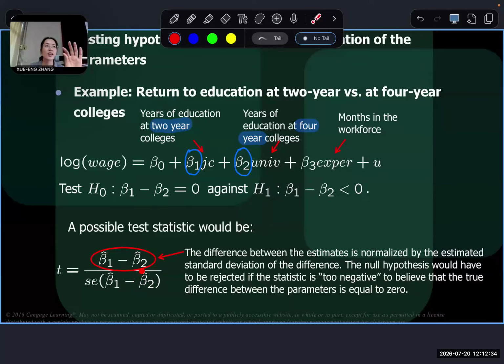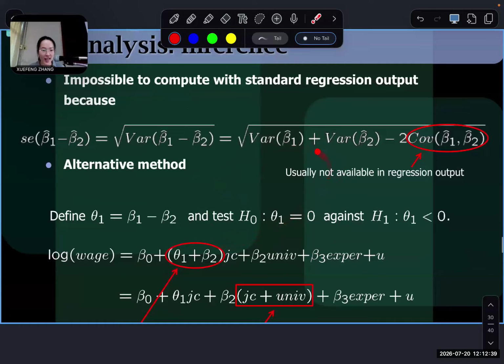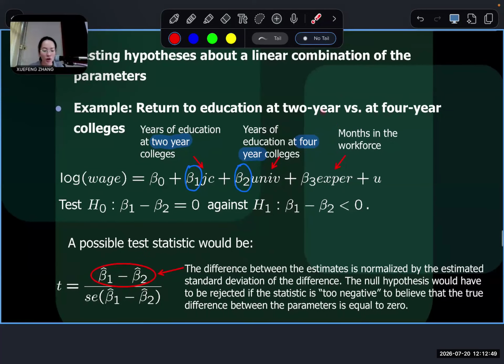We need to know their covariance, which I'll show you in this slide, but I'm not going to cover it today. I just want to let you know about this t-ratio, how we compute the t statistic if our hypothesis is not only one beta, it's two betas. I'll show you the detail later, but not for today.